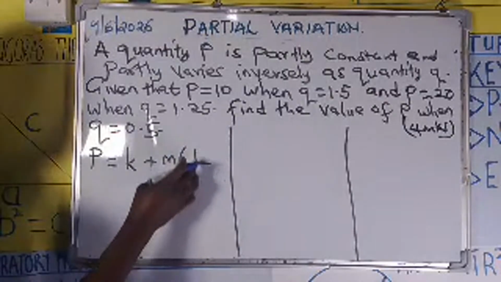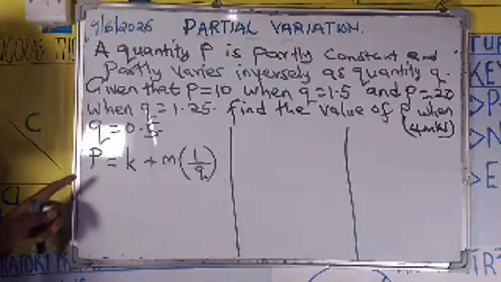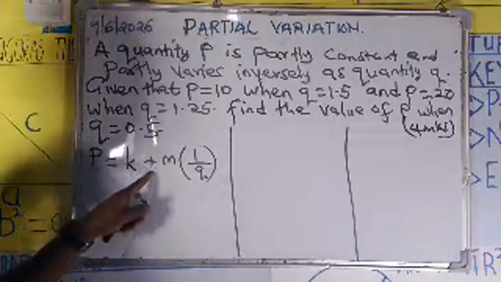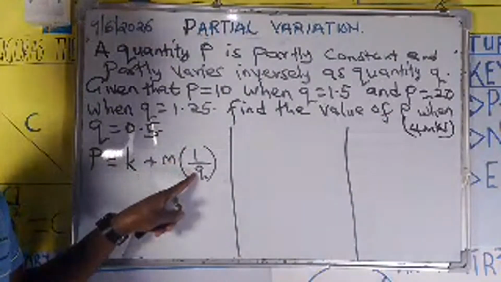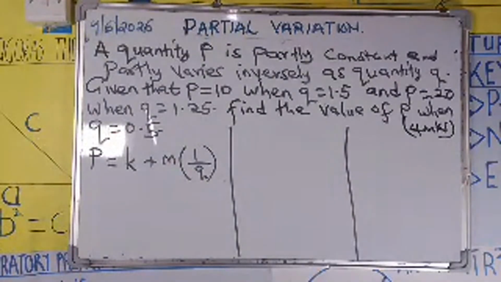Remember, inversely is 1 over, as quantity Q. So P is partly constant and partly varies inversely as Q. That is something that you really need to understand.